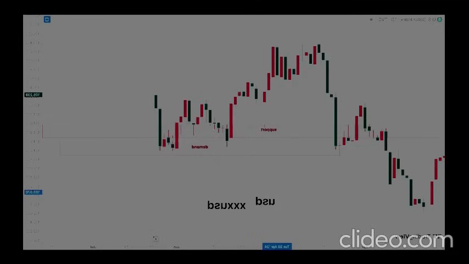So here we have two types of pair. These pairs start with USD.